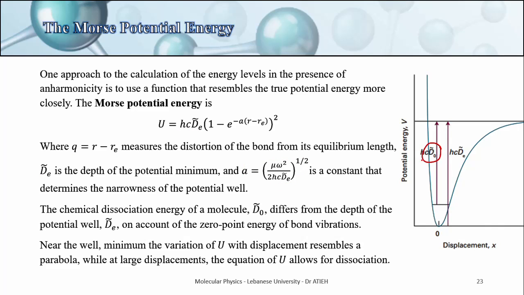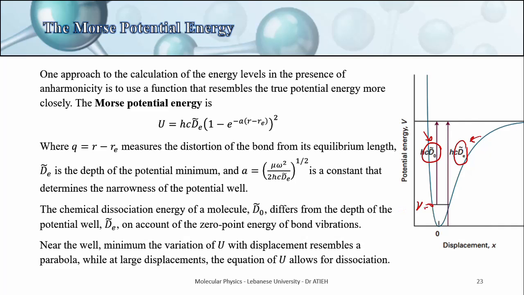d0 bar is called the chemical dissociation energy of the molecule. As you can see, it starts from the level nu equals 0, from the ground level. d bar E is the depth of the potential well, and sometimes it's called the spectroscopic dissociation energy of the molecule. So this one is the chemical dissociation energy, and this one is the spectroscopic dissociation energy.